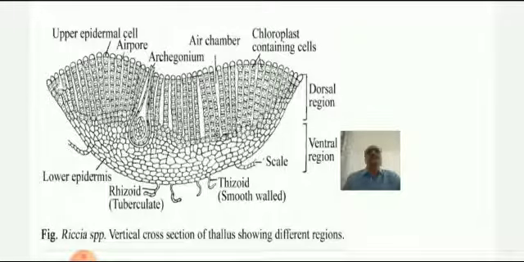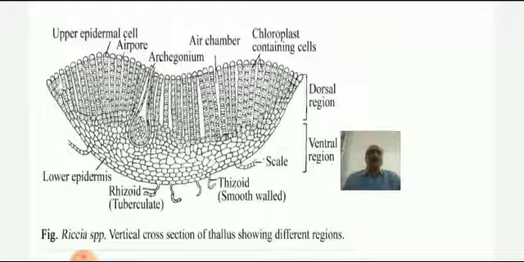After the storage region, we will see the chlorenchymatous or assimilatory, or we can say the photosynthetic region, that is the second region. It is the upper or dorsal region. It is composed of chloroplast bearing cells arranged in vertical rows.